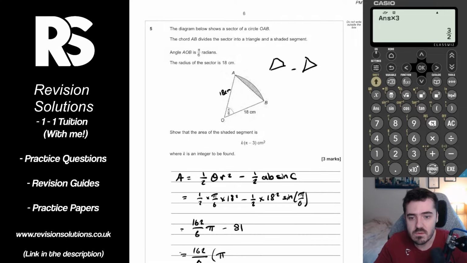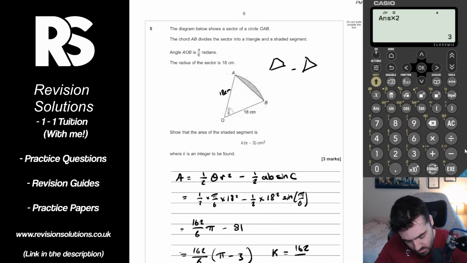Oh, sorry, that times by 3, so times by another 2, and that would be equivalent to timesing by 6. That does in fact give us the 3, so we're there. So the k is 162 over 6. Which actually does simplify, doesn't it? So let's simplify that. That's 27, sorry, should have done that earlier.